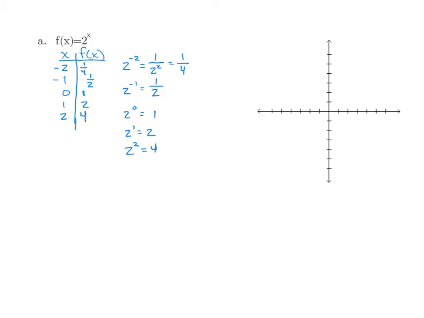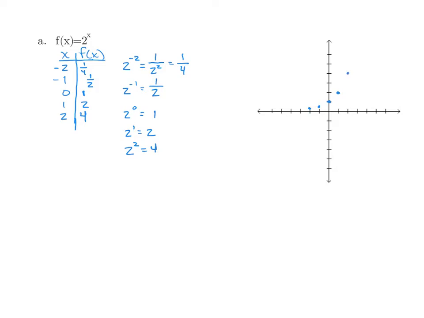All right, so let's go ahead and plot these points. So (-2, 1/4) is going to be 2 to the left and just a little bit above the x-axis. (-1, 1/2) is going to be 1 to the left and half up. (0, 1) is on the y-axis. (1, 2) is 1 to the right and 2 up.